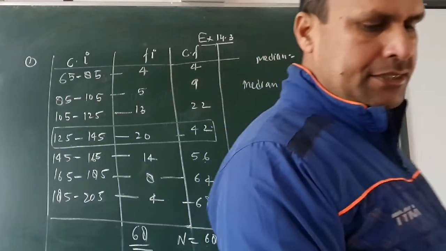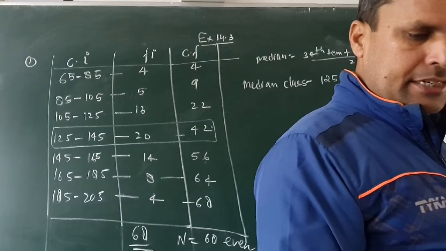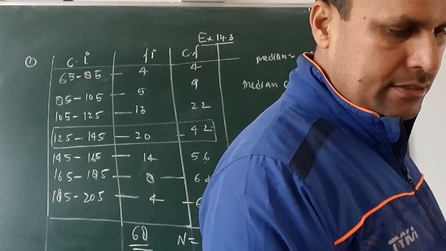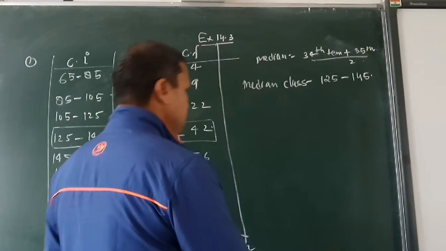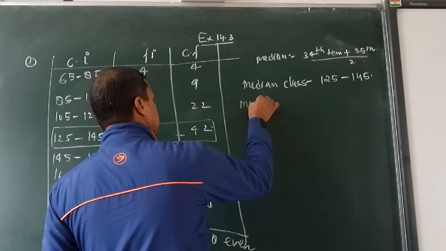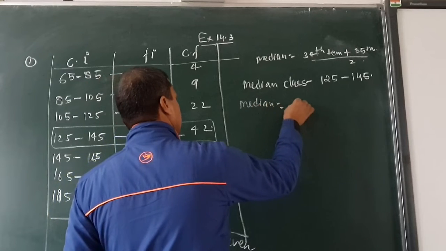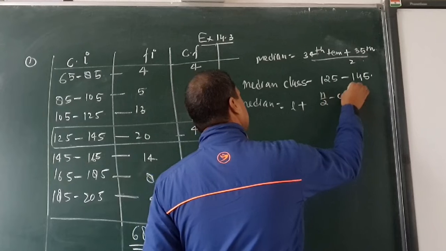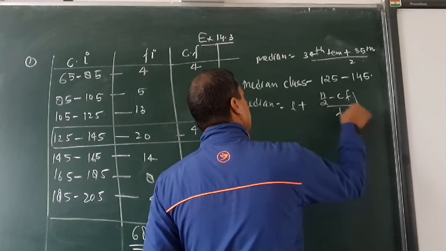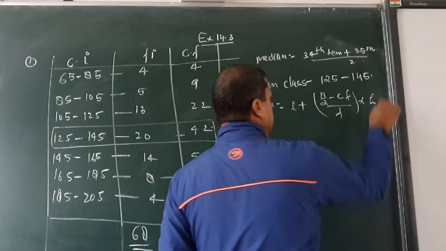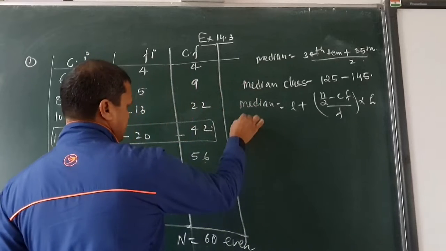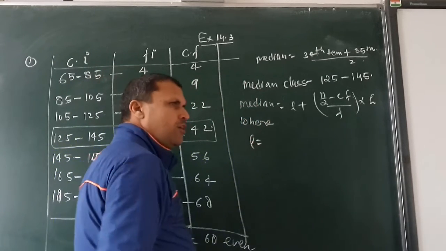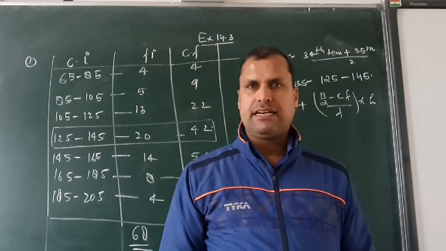After that, use the formula. Median equals L plus (n by 2 minus CF) upon f, into h, where L is the lower limit of the median class.